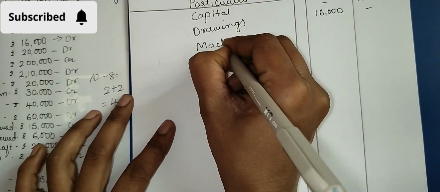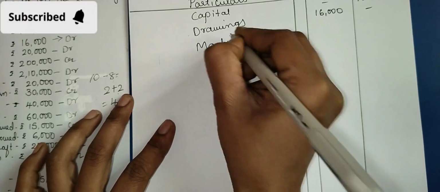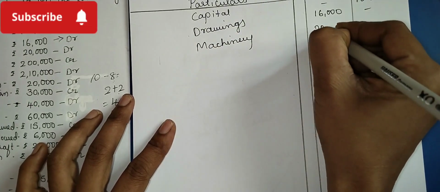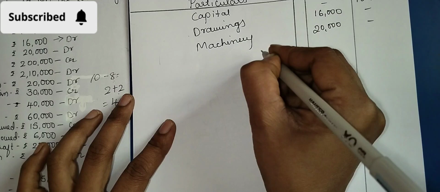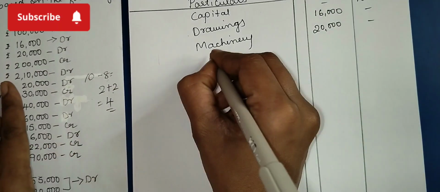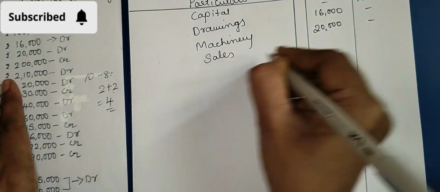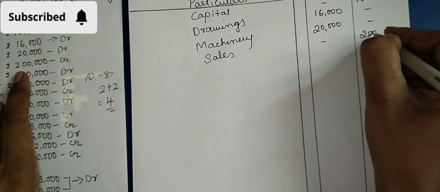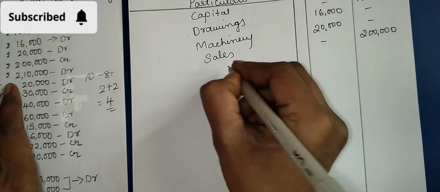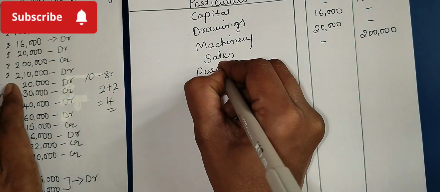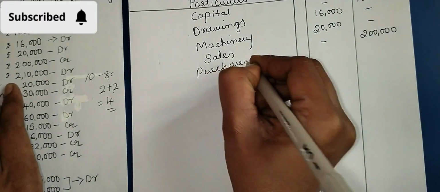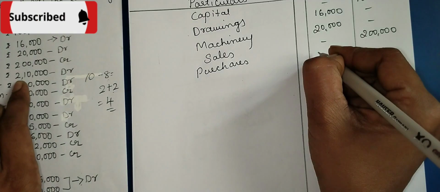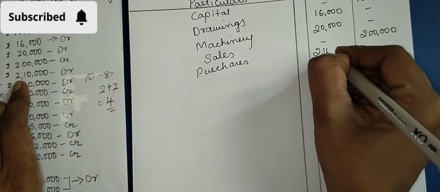Machinery 20,000. Assets we are recording debit side. Sales revenue we are recording credit side 2 lakh. Then purchases. Purchases we are recording debit side 2 lakh 10,000.